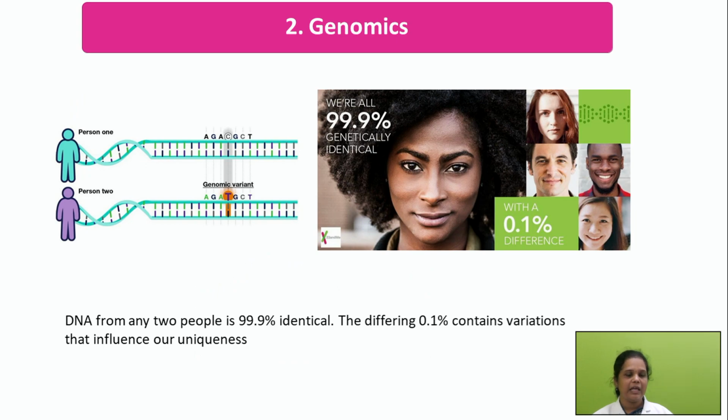When we take each and every person, everyone is 99% genetically identical. Only a small variation differs from one person to another, and based upon that variation the uniqueness of the person will be identified. This can also be done with the help of predictive analytics.